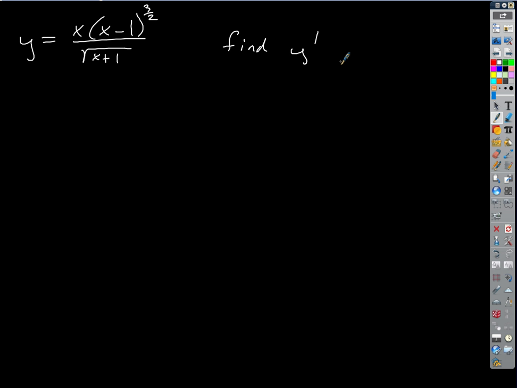One of the big advantages of the properties of logs is they move everything down a rung. This would be a lot easier if we weren't doing products and quotients and powers. If we were just doing sums and differences, those are really easy to differentiate, right? So, can you see that taking a log of the right side would be pretty advantageous?